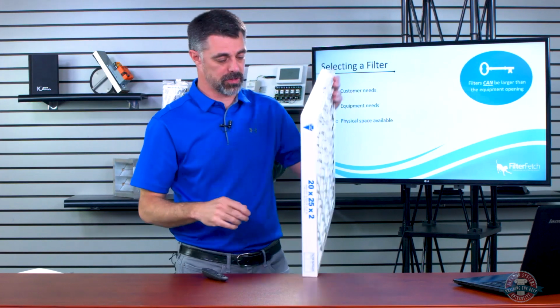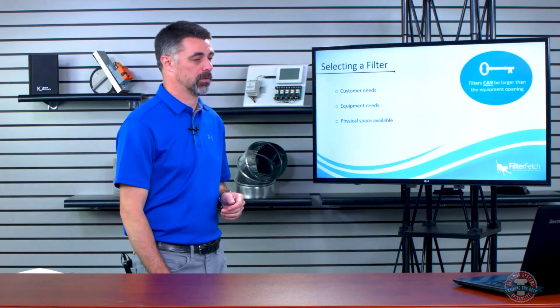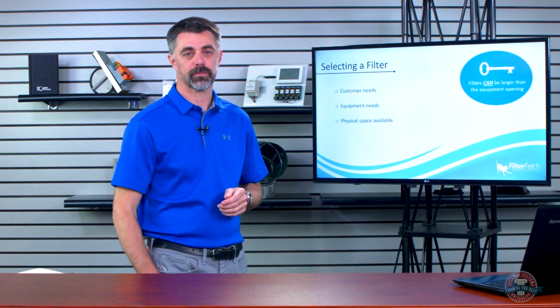In fact, JD was just asking me a question about that earlier, about what would fit and how tight they should be. The tighter the better, because that's less air bypassing around the filter, which means all the air going through the filter is going to get filtered, rather than pulling dirt around it, which again gets the equipment dirty, which is what we're trying to stay away from, of course.